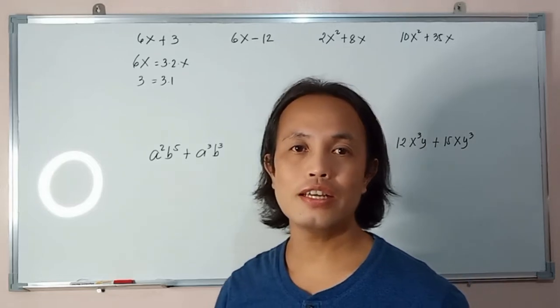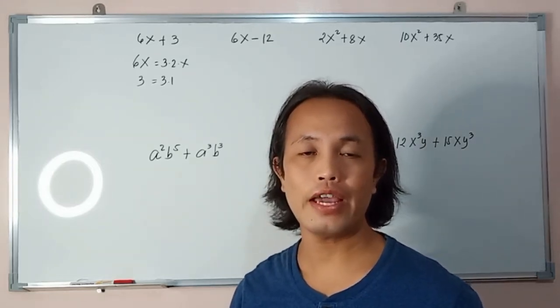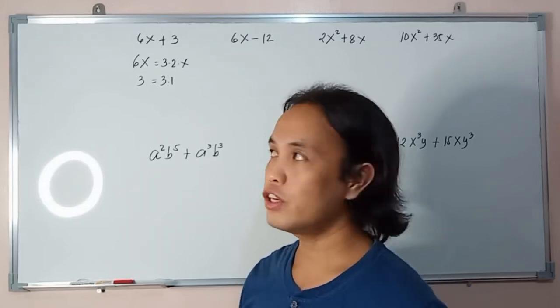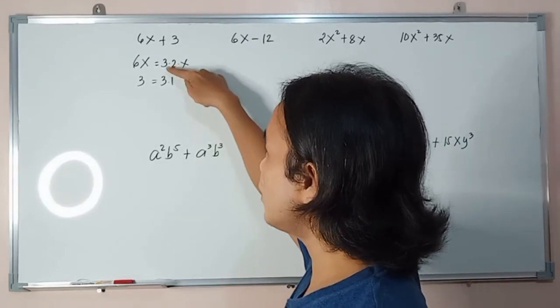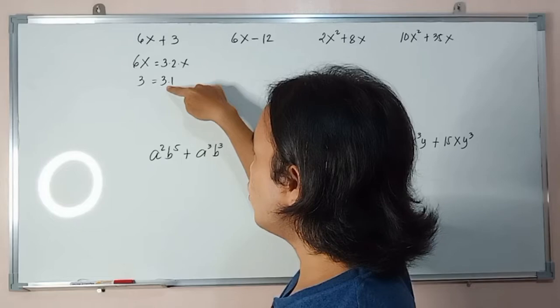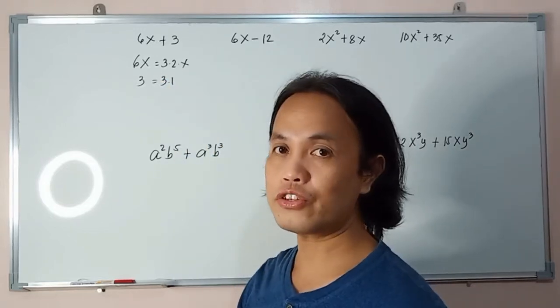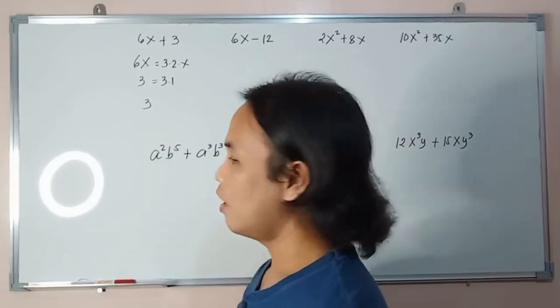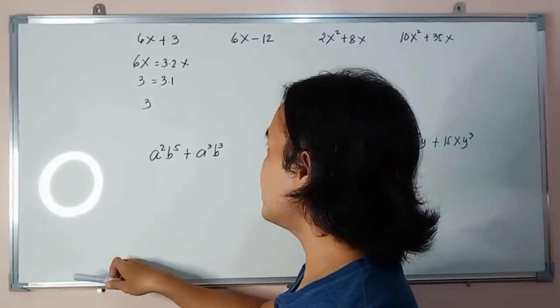Afterwards, the next step is to identify the greatest common factor in each of the terms. We have 3 and 3, so our common monomial factor for this binomial is 3.